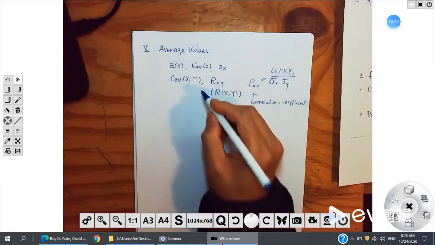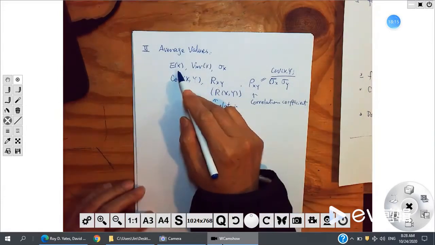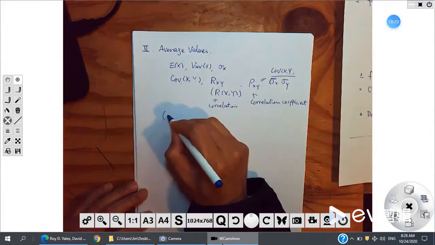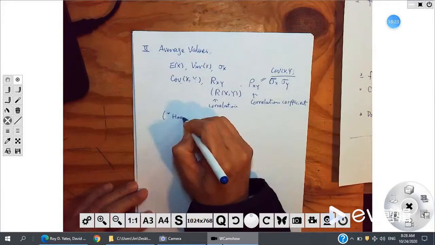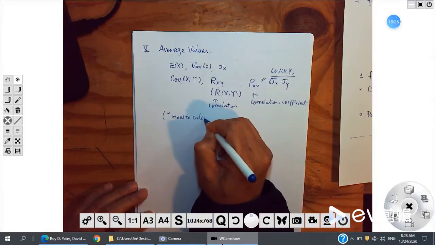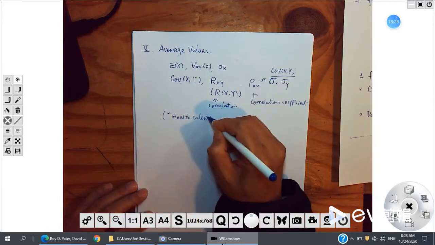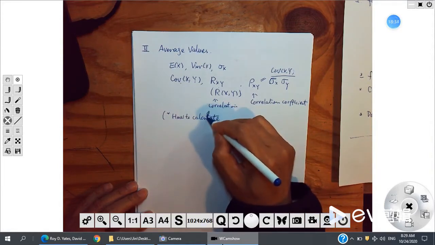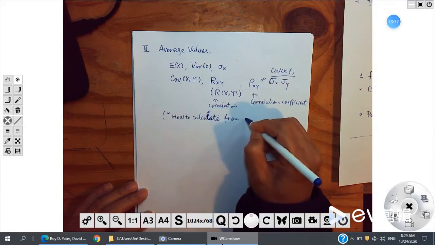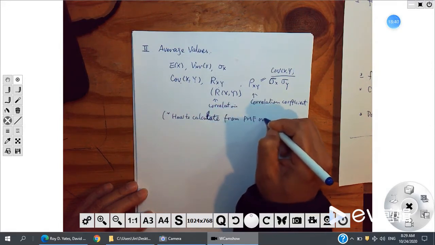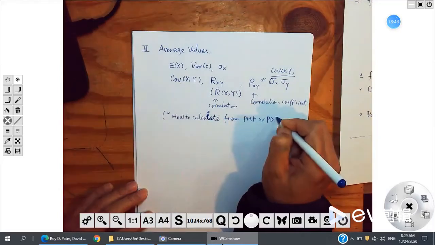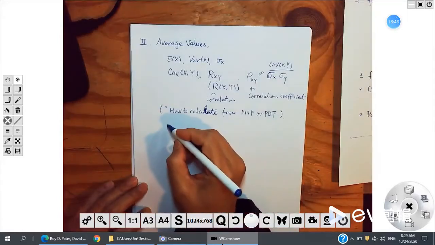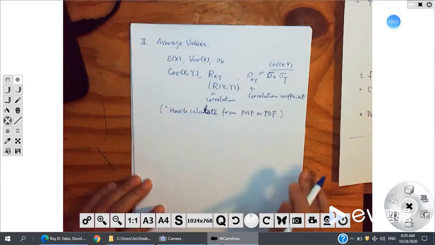You should know how to calculate them from the PMF or PDF. We need to know how to calculate them. Then let me see the averages, and we have related factors.